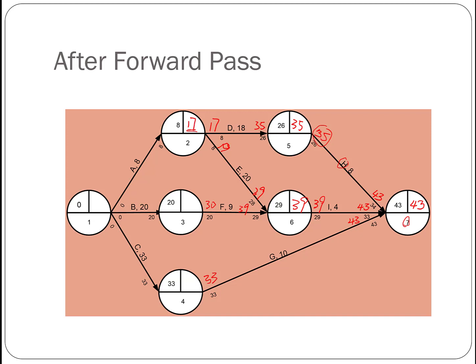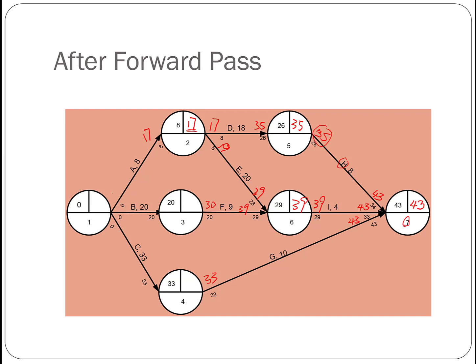Okay, so when we go backward, when we have two activities that come out from one node, then we'll have to choose the smaller number, because if we choose the bigger number, then the other activity with the smaller late start time will be delayed, and that will result in delaying this entire project. So this 17 comes here.